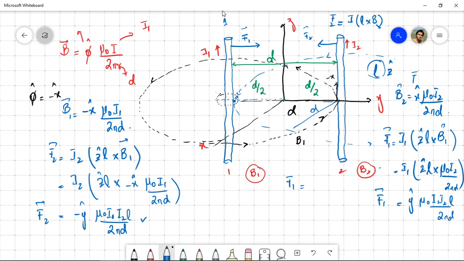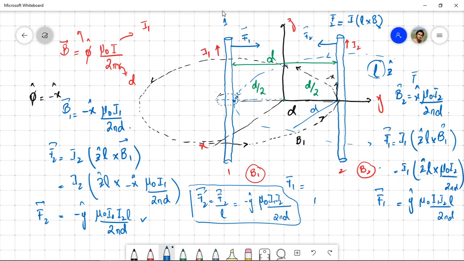He has also mentioned this force in terms of force per unit length, like F2 dash. That is going to be F2 divided by small l, and that is going to be minus y hat mu naught I1 I2 divided by 2 pi d. This is per unit length. And similarly, you can write this for F1 dash also.